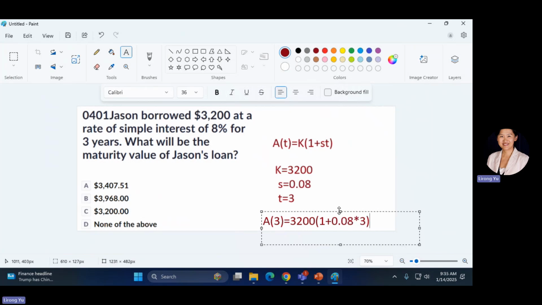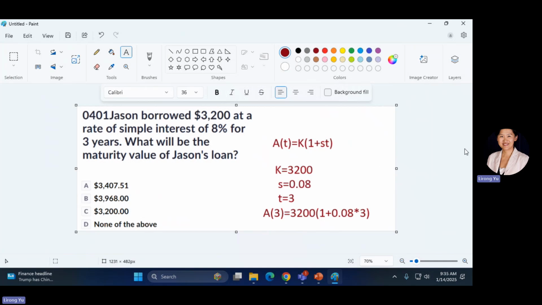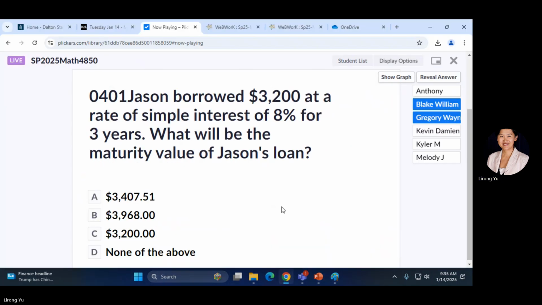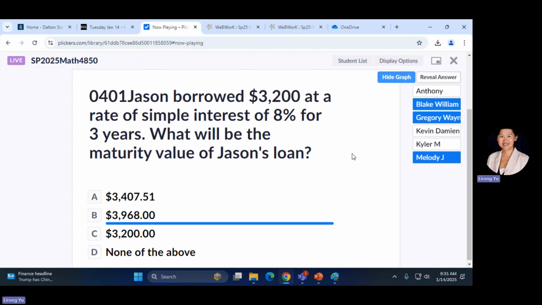That will be the calculation you can follow for calculating future value. So the final answer is 3,968.